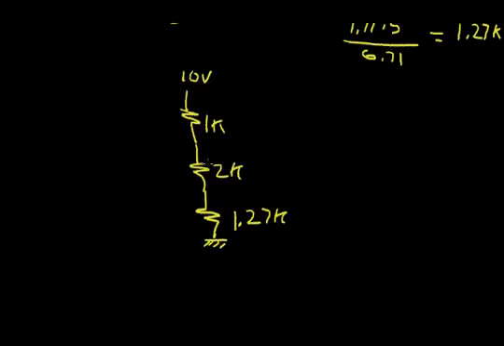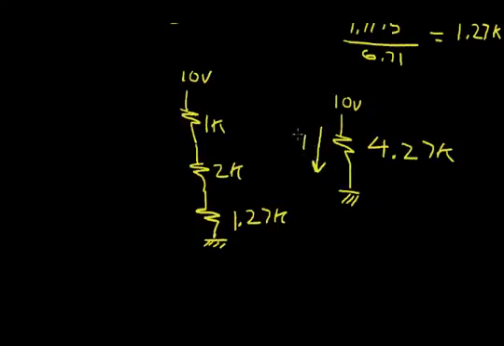We know that for series resistors, to compute the equivalent resistor, we just add them all up. So we can come up with an equivalent resistor, with 10 volts, this terminal ground, and 4.27K.